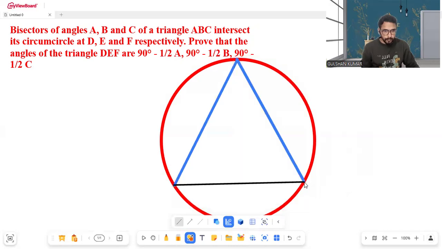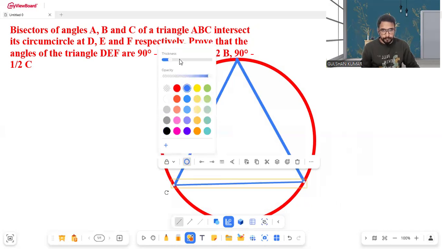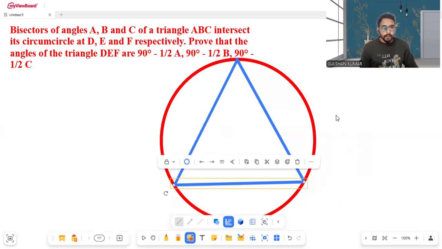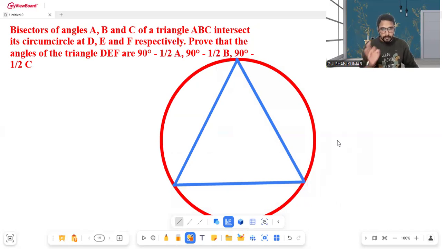This will be the third arm of the triangle. As we know, three intersecting line segments form the triangle. So basically, this is our triangle.